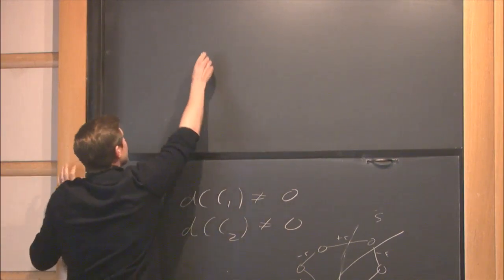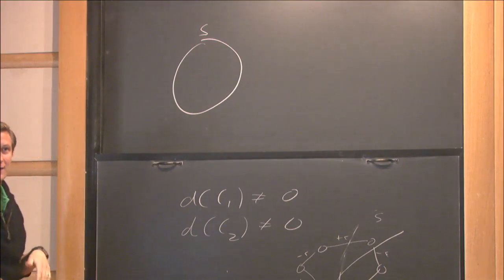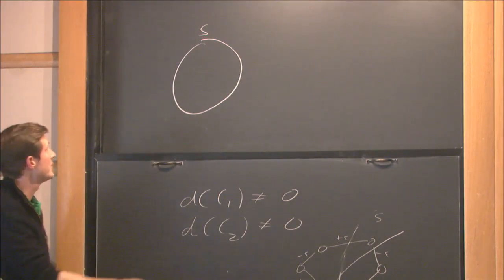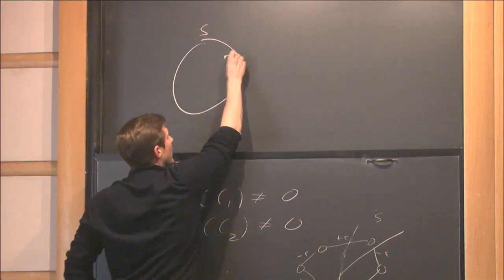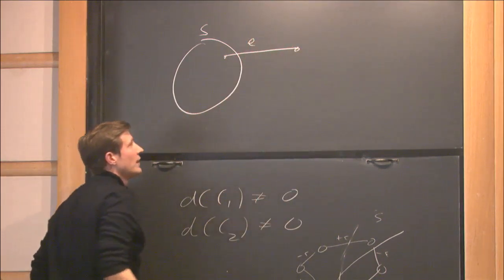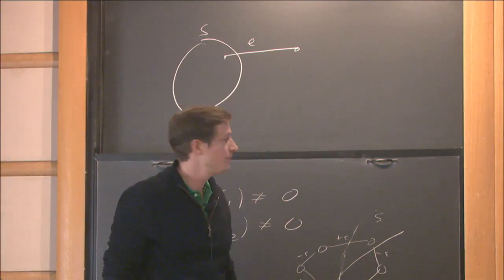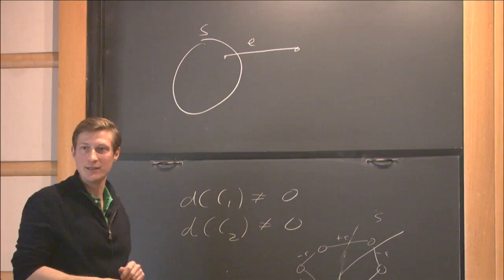All right, so I have my set S. I have no cycles inside the set S, and I have no cycles outside S. Now suppose I fix the edge I want to be part of a matching. Let's say I fix E. Now let's look at all the perfect matchings containing this edge E. Suppose there are 2 different perfect matchings.